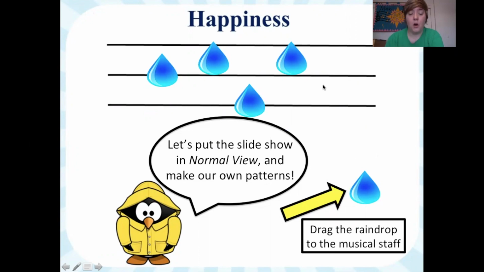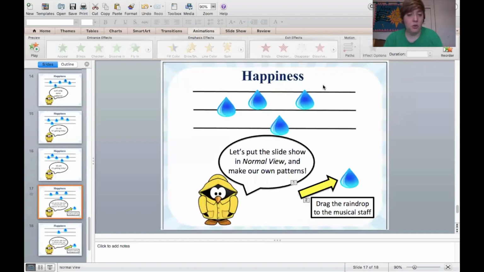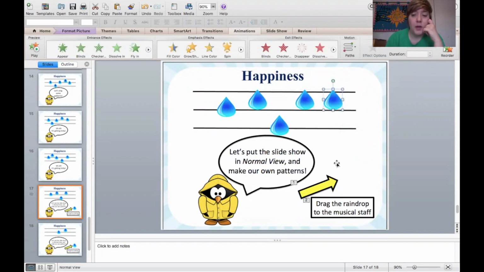It won't work. So I always just use a little shortcut and click the escape button. And then you can drag it wherever you'd like, and you can move it. And this gives the kids an opportunity to compose.